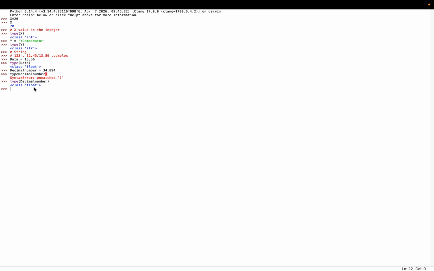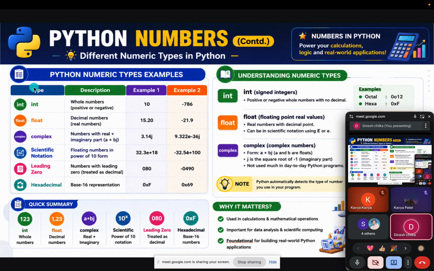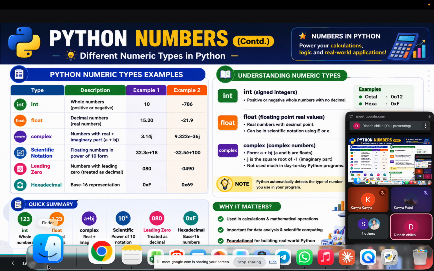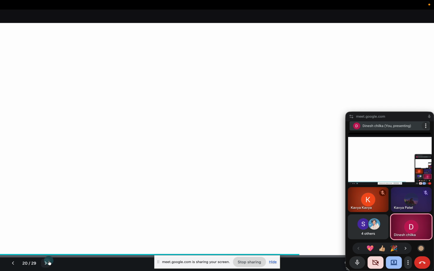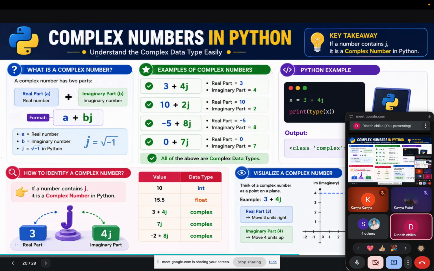Now suppose how the complex thing will work, let's understand that. In a complex number, there is a real part plus an imaginary part.